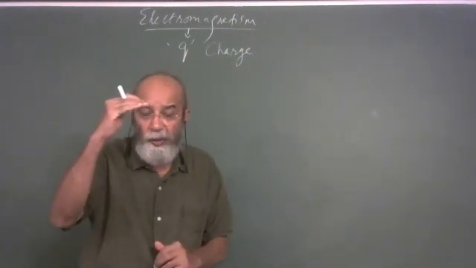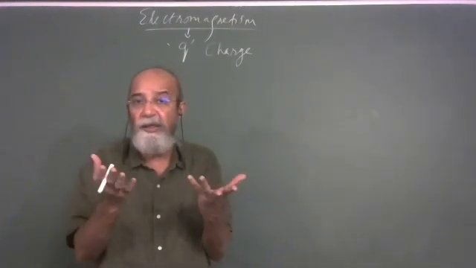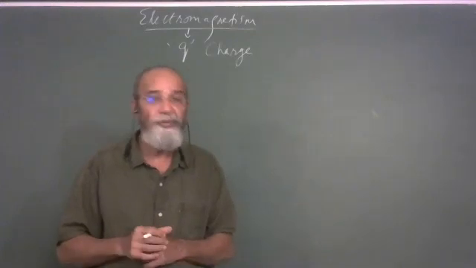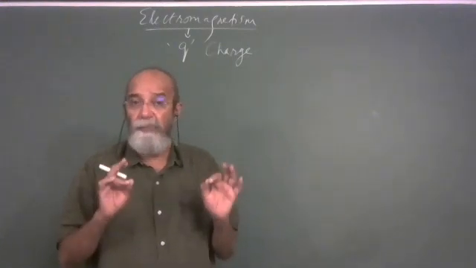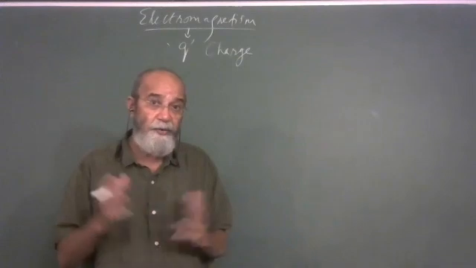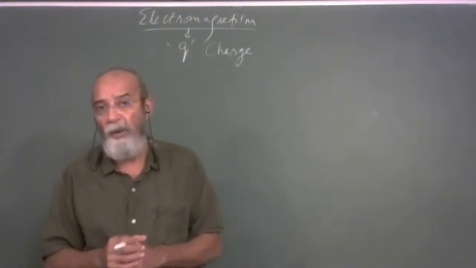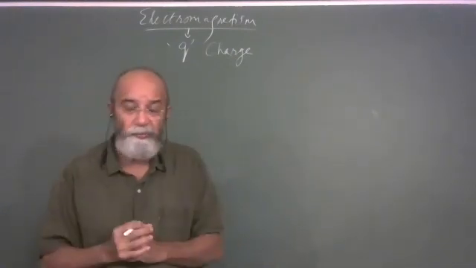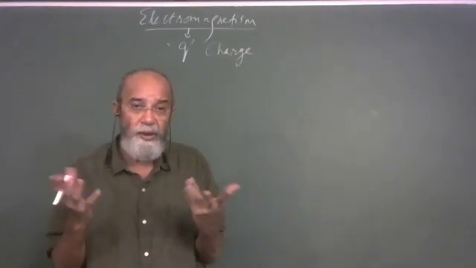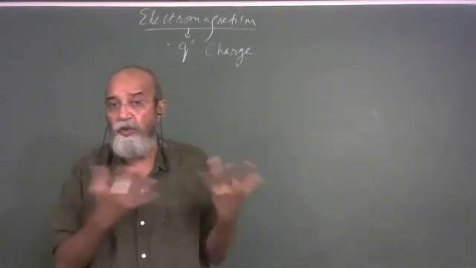And it was only towards the end of the 19th century, 1870, I think, or 75, that experiments were done by Heinrich Hertz, a German, which showed to the world that light waves were nothing but electromagnetic waves.